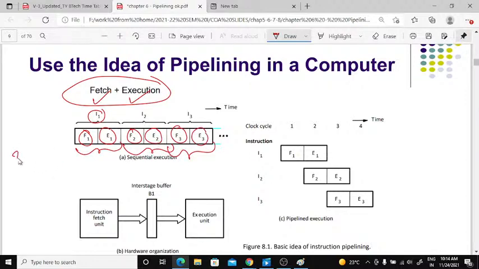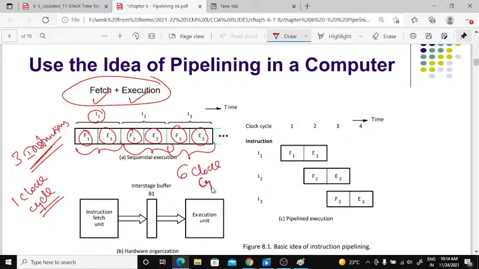So that is three instructions. For three instructions, if we consider one clock cycle for each operation, then in total 6 clock cycles it will take. That is the sequential approach. Suppose we use the same in pipeline form, executing the instructions simultaneously.